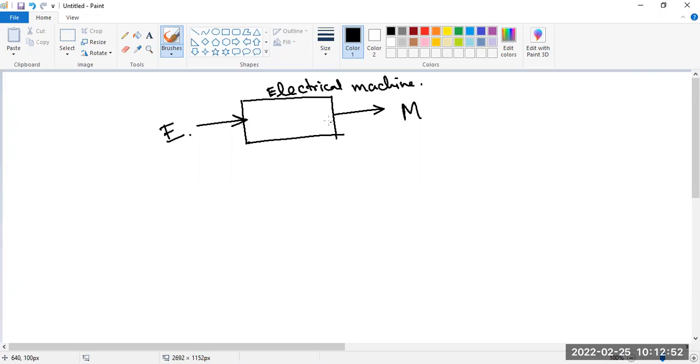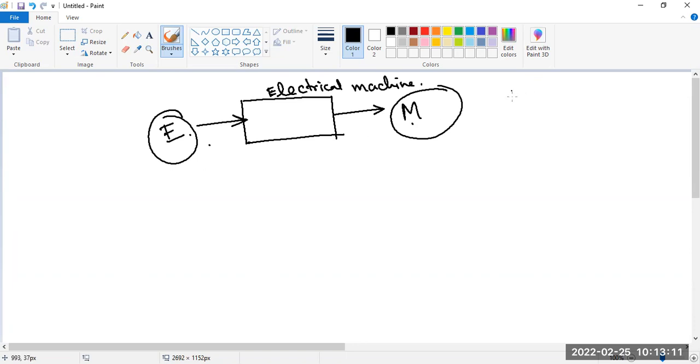So in this electrical machine, especially we are concerned with electrical energy converted into mechanical energy. That is what we call the electrical machine. But it is not required all the time that electrical energy is converted into mechanical energy.